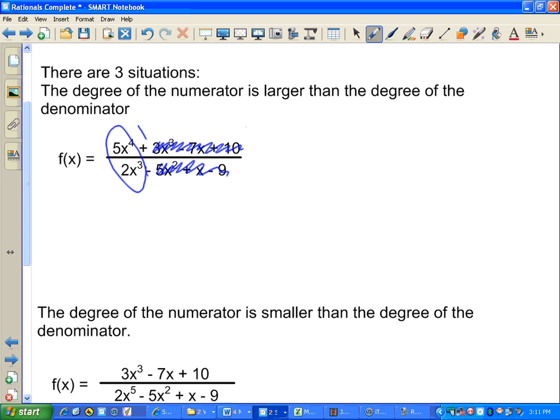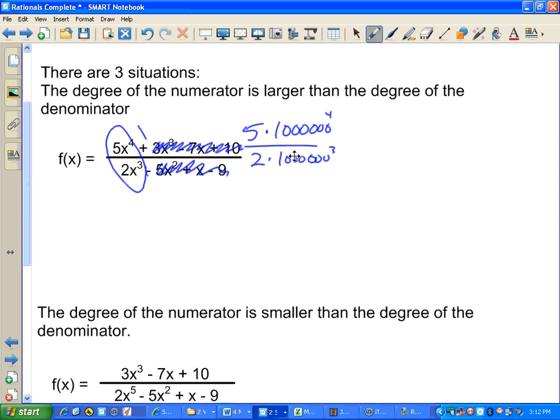So I'm going to have 5 times 1,000,000 to the 4th over 2 times 1,000,000 to the 3rd. I'm just using 1,000,000 as my generic large number. But this 1,000,000 to the 3rd power is going to be so much smaller than this 1,000,000 to the 4th.